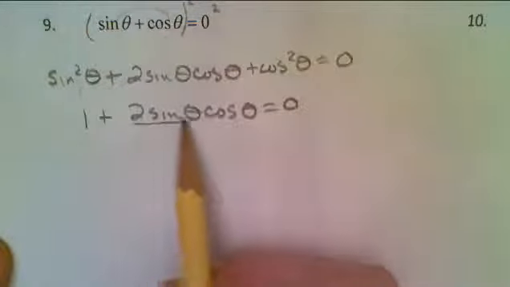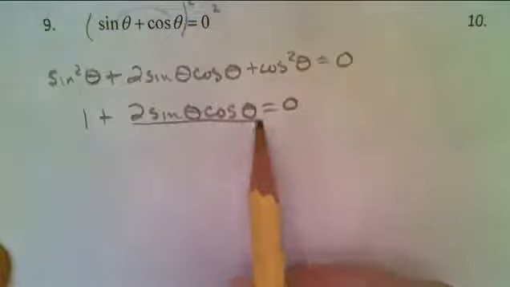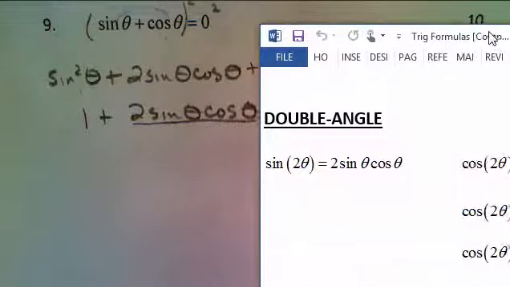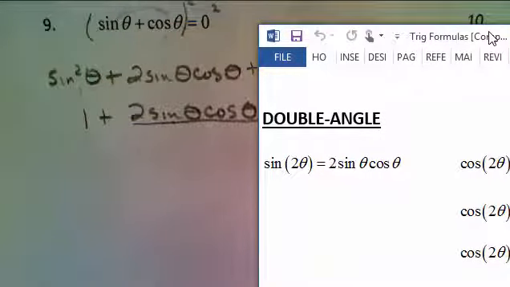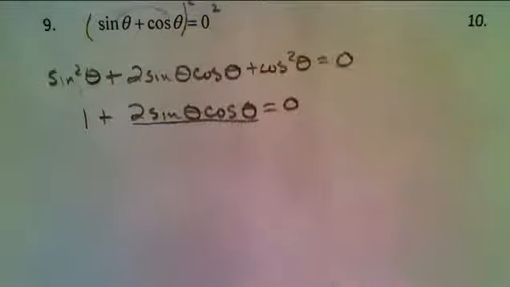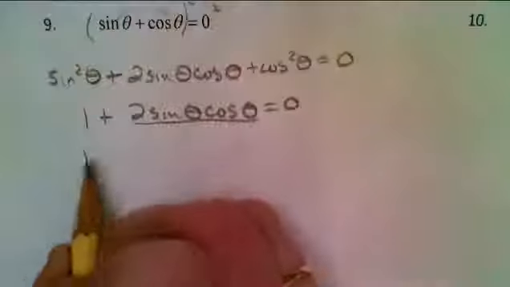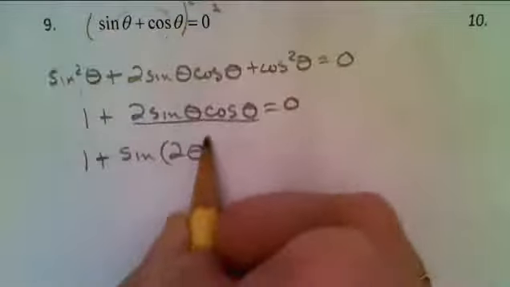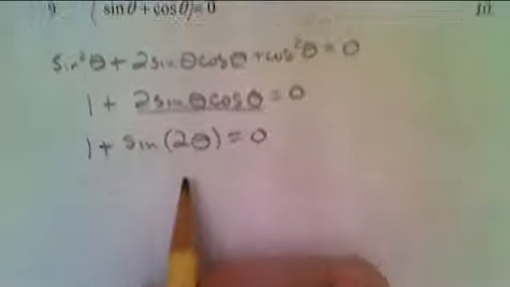So here's what I would do: I would take this now and work backwards. From our trig formula sheet, I know 2 sine theta cosine theta is equal to the sine of 2 theta. So now I'm going to go backwards and say that all of this has to equal the sine of 2 theta. So I'm still using that formula, but kind of the other way. So 1 plus sine of 2 theta, because now I have it in terms of one trig function.